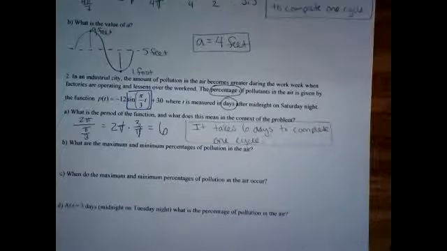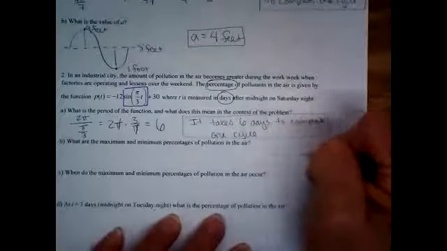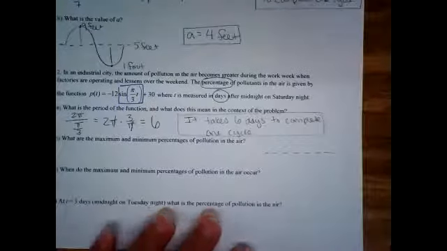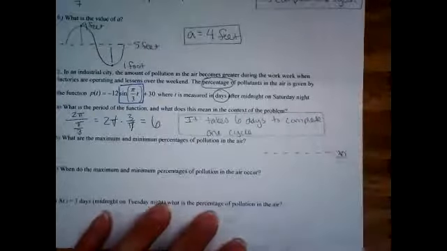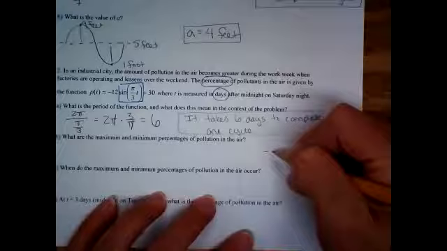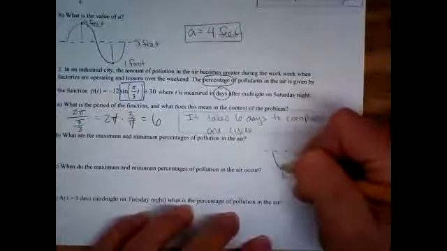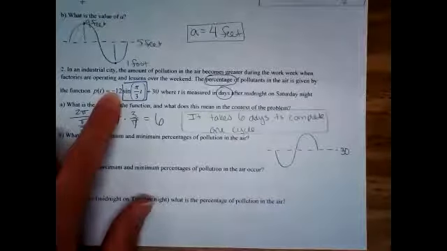All right, what are the maximum and minimum percentages of pollution in the air? Here's where I would draw this. Where is our center of pollution? 30, good, 30%. And it's gonna go up and come back down. Or actually, I think this one goes down first because it's negative. Do you see that negative out front? It's gonna end up going down first and then up.